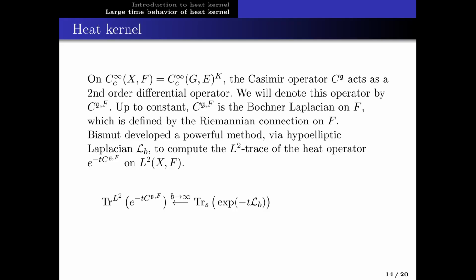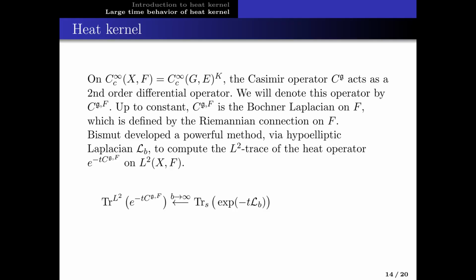And with this in mind, we can take limits, like what we do for the heat kernel trace. We take b going to infinity, b going to 0. In the classical case when we do that, we have the beautiful Atiyah-Singer index formula.